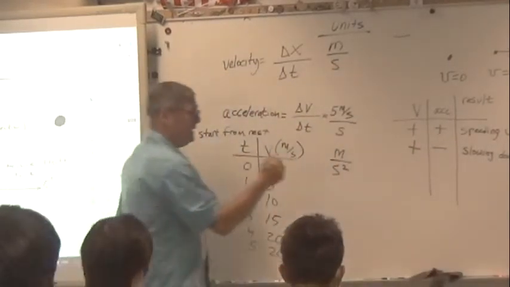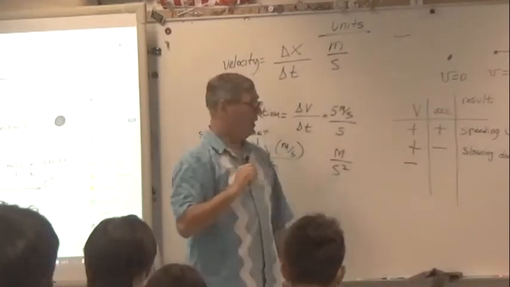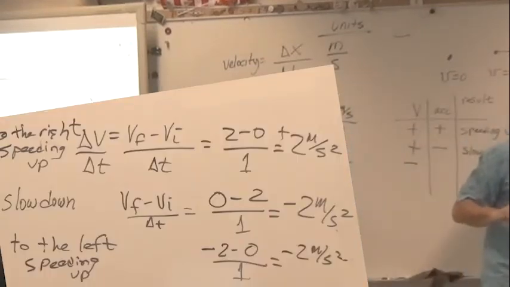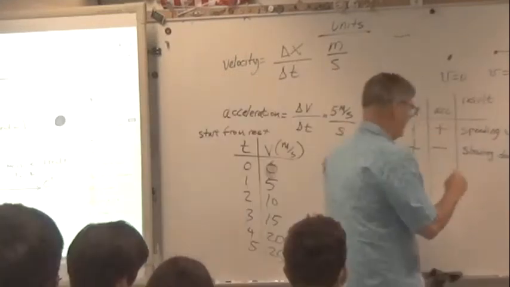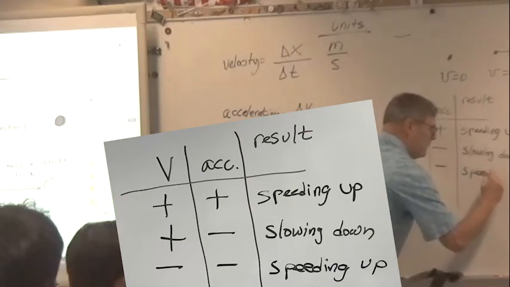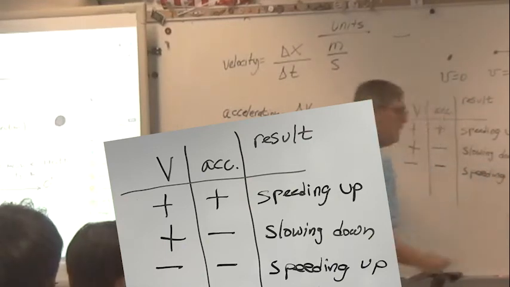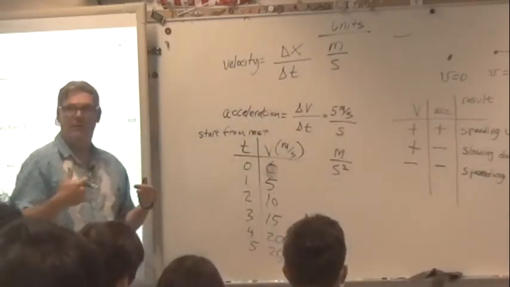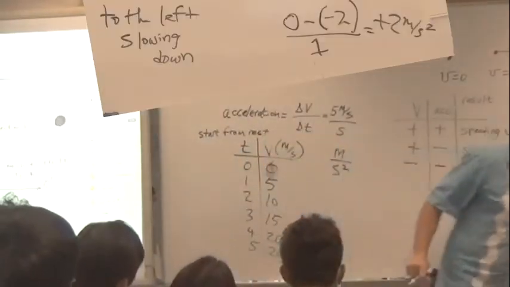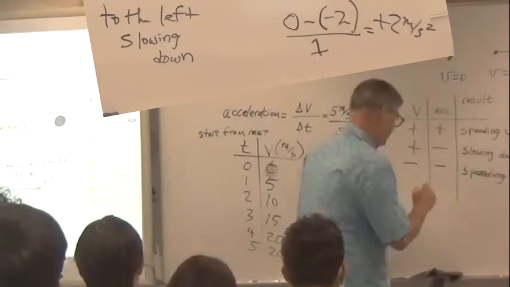Now my velocity is in the negative direction, but when I'm speeding up, my acceleration we saw was also negative. So acceleration is negative, speeding up. And then when I slowed down, I'm still moving in the negative direction, but my acceleration was positive.